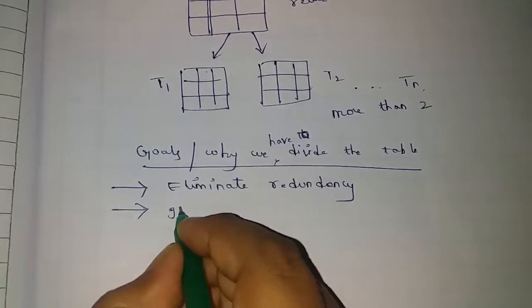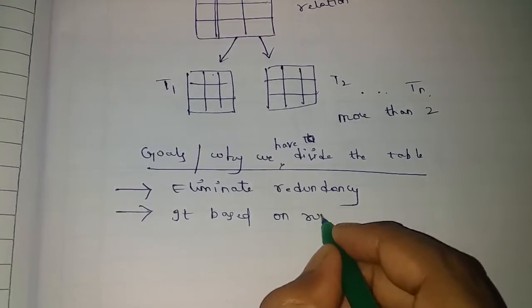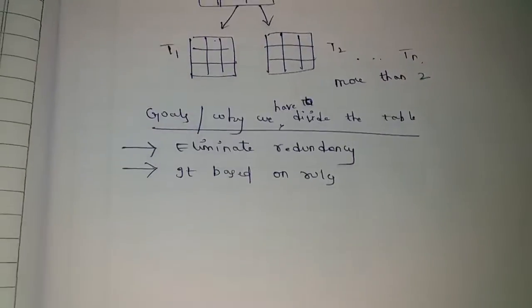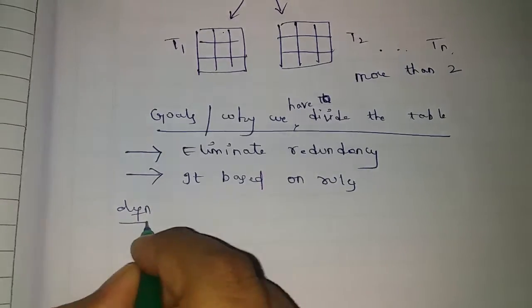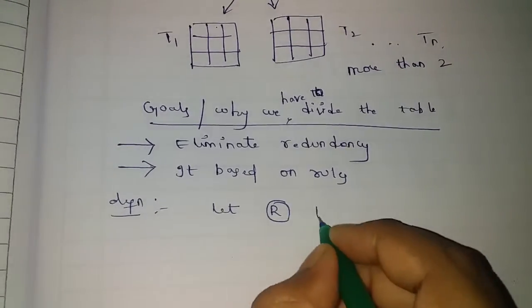It is based upon rules. Based on rules only, the table is divided. I am explaining another definition. For example, we take the R table.